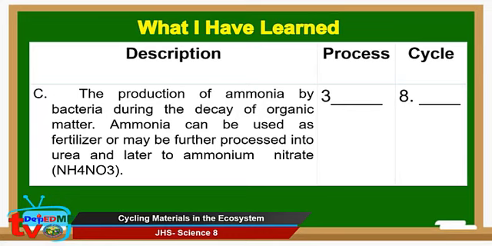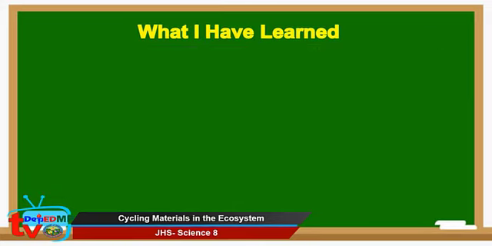C. The production of ammonia by bacteria during the decay of organic matter. Ammonia can be used as fertilizer or may be further processed into urea and later to ammonium nitrate.